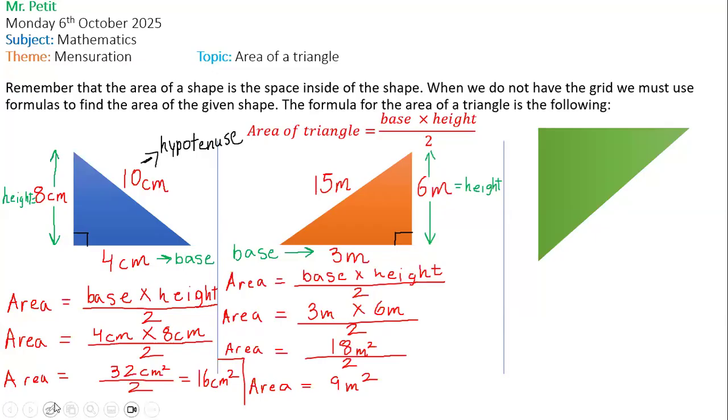We're going to use red. So much red. Let me use 4 centimeters, and let's call this 7 centimeters. And let's say that this is 13 centimeters.